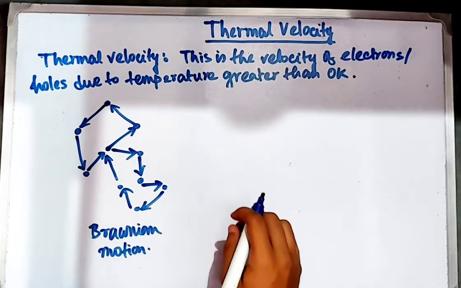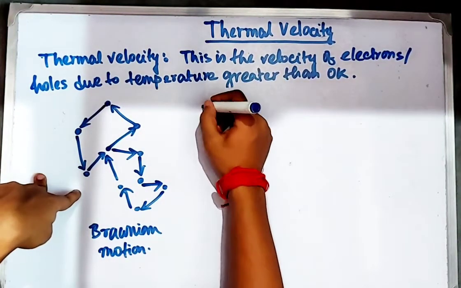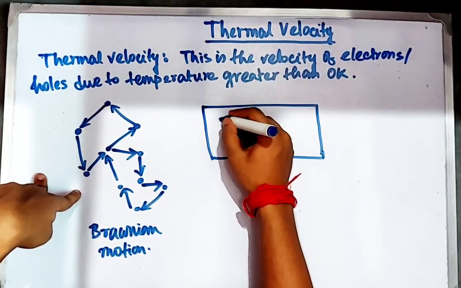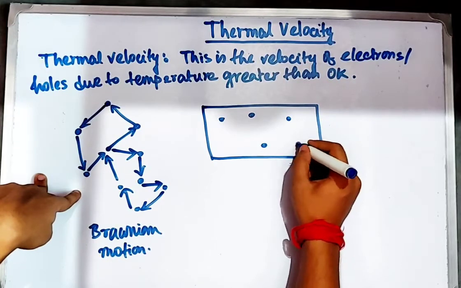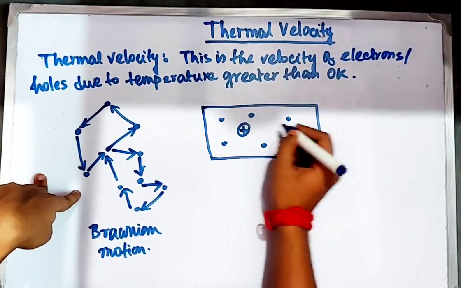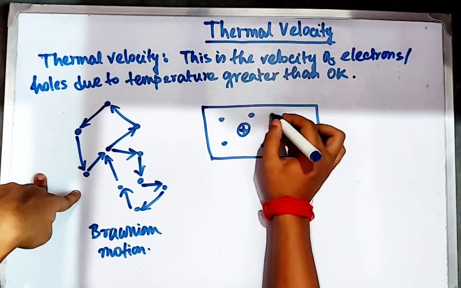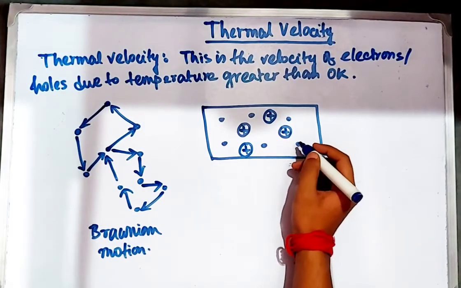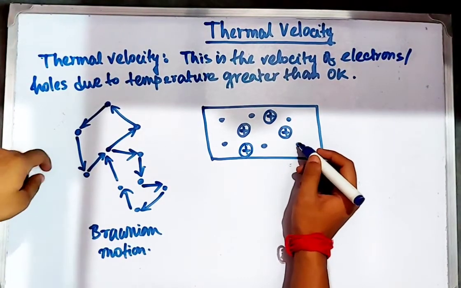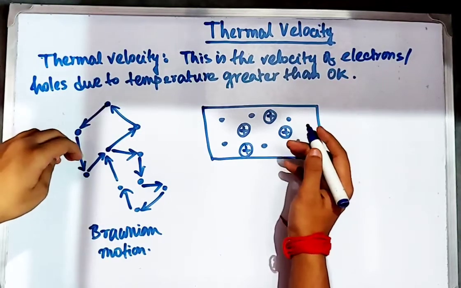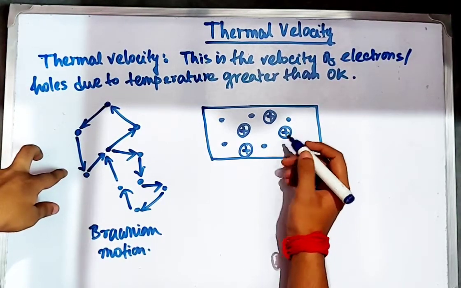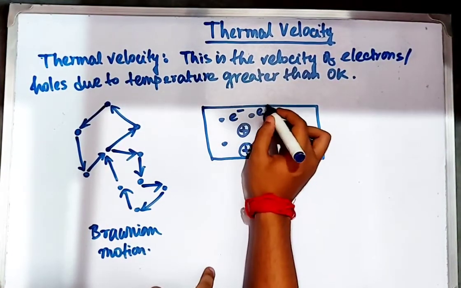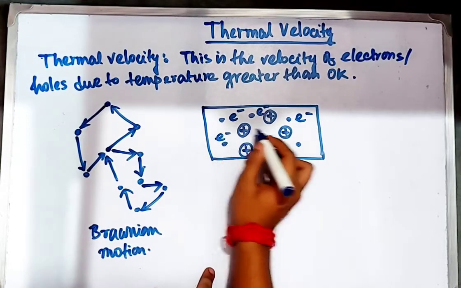So within a semiconductor there are some free electrons, and also there are some immobile ions. In my last video I was talking about these immobile ions, that they are immobile because they are bound with the other crystal structures. They are bigger ions, but the free electrons can move easily.